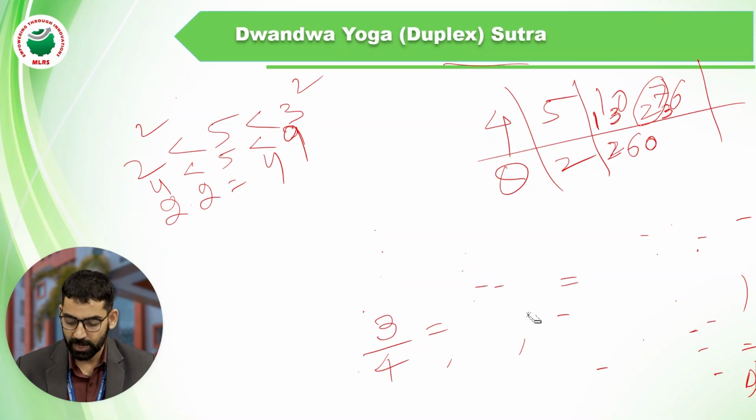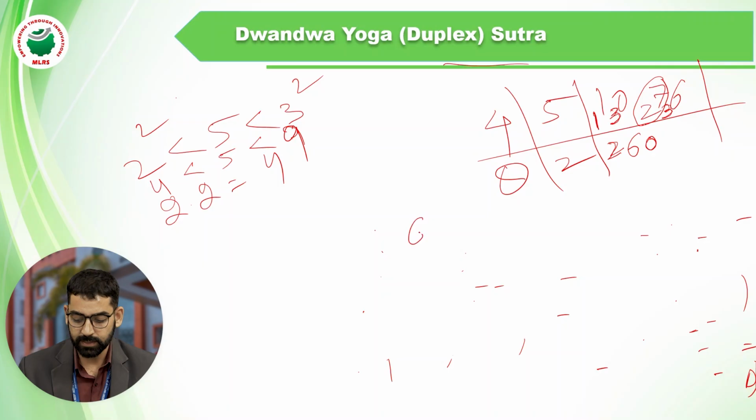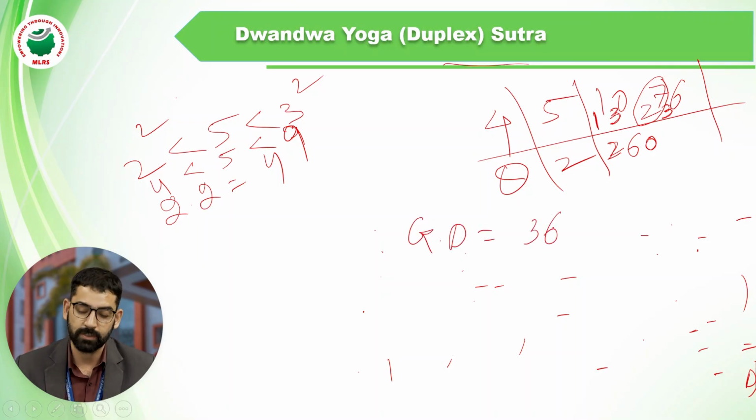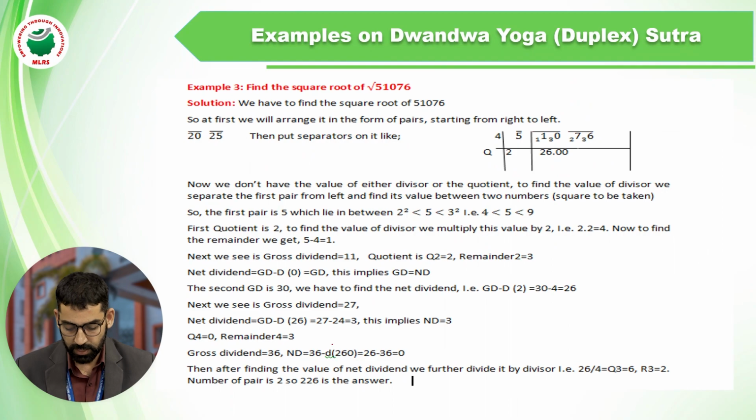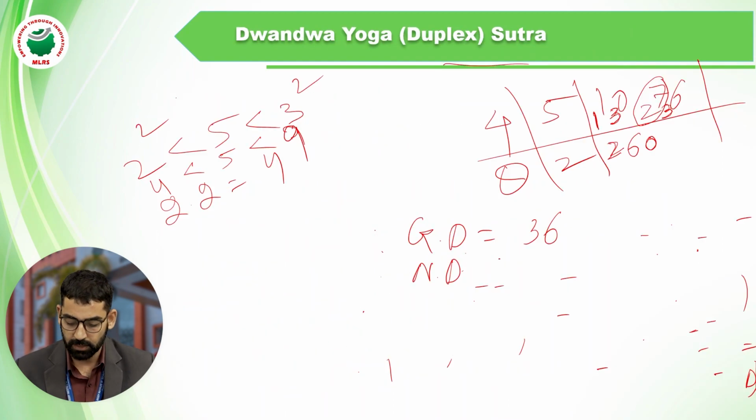So the gross dividend here again is 36. After getting the value of the gross dividend, that is 36, we have to calculate the value of the net dividend, which in this case is 0, because net dividend here equals 36 minus the duplex of a 3-digit number, that is 260.